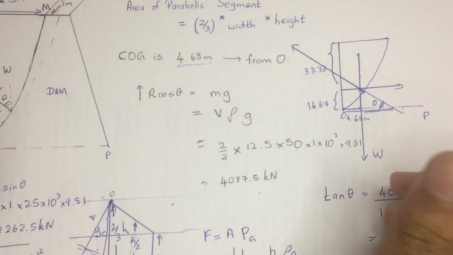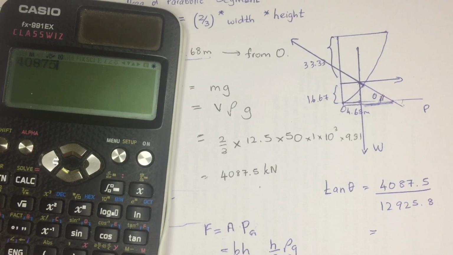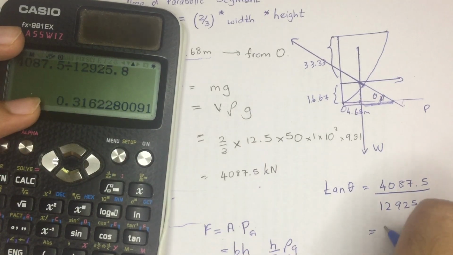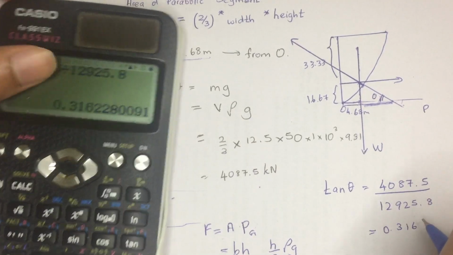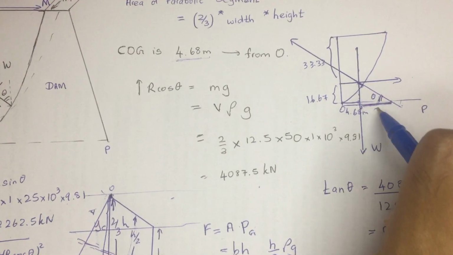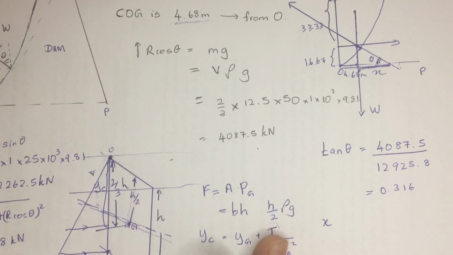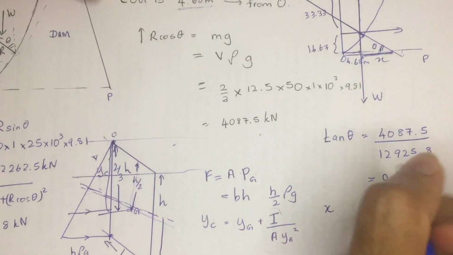So now we can figure out tan theta. Let's mark it like this: 4087.5 divided by 12,925.8, which is going to return 0.316. Okay, it's enough. After that we need to figure out this length, let's mark it x.